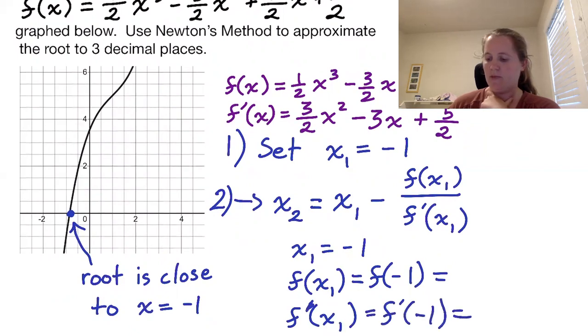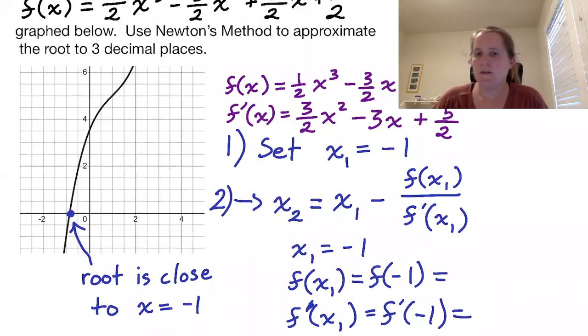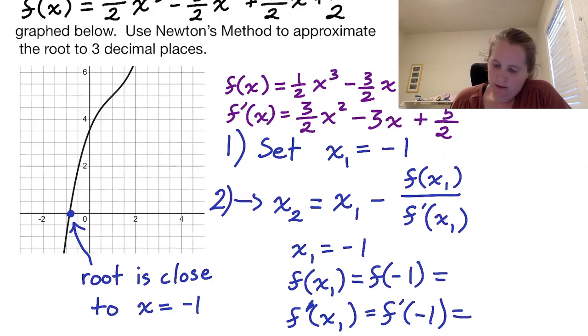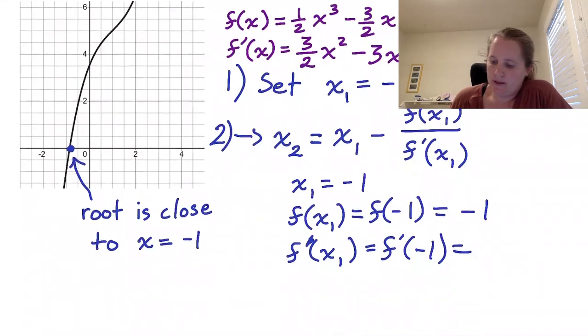And if we plug that in, we'll wind up getting something. I'm going to pause for a moment while I get those values. And so we wind up getting that f of negative 1 is negative 1, and the f prime of negative 1 is equal to 7.